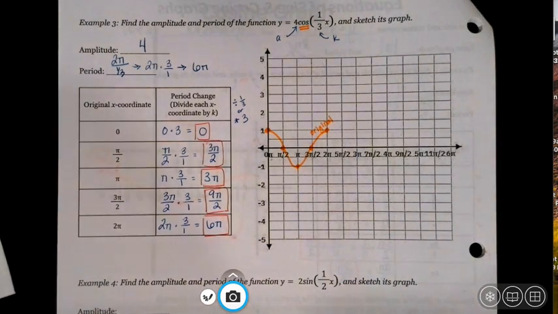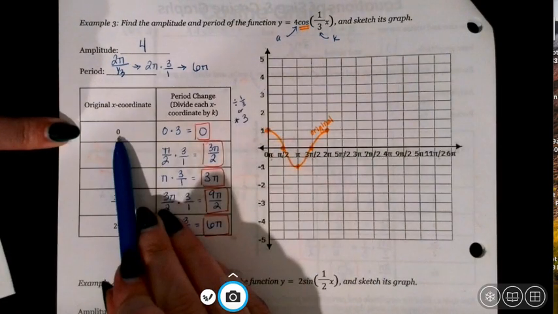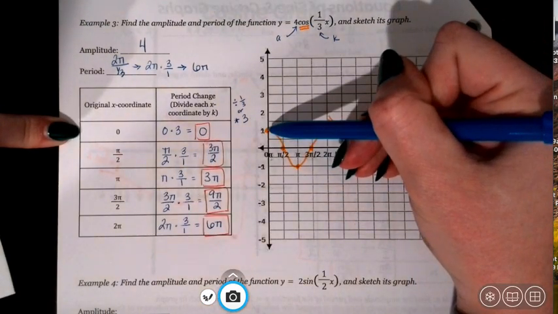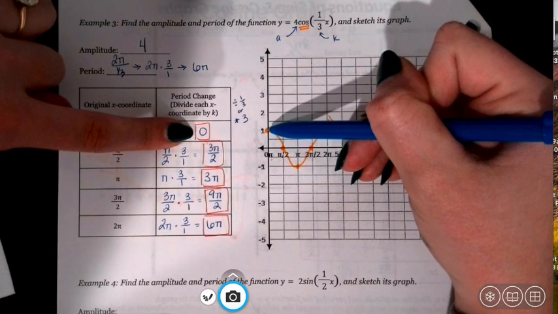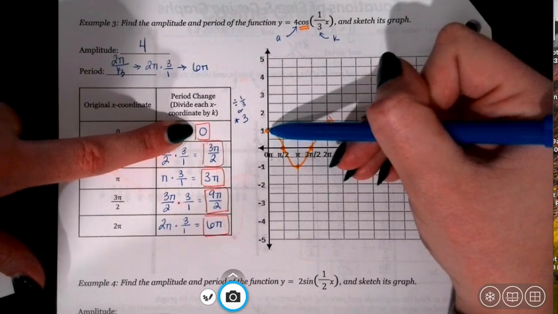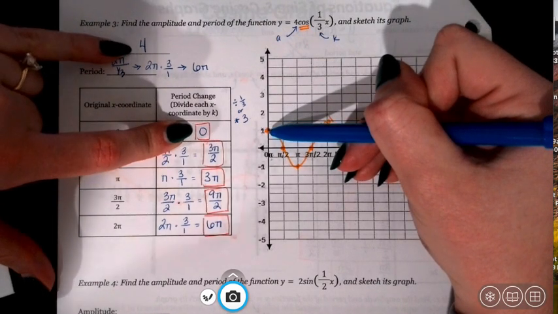And then for this example, I am going to do the period change and the amplitude all in one again. So my point that is at my x value of 0, which is this one, is not getting shifted at all because it's still ending up at 0, but my amplitude will change. If the y value of this is 1, I multiply that by my amplitude, which is 4.